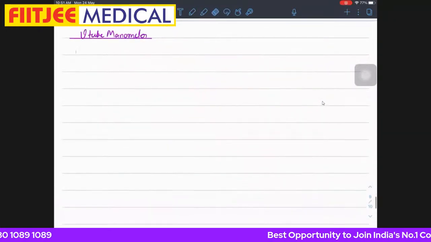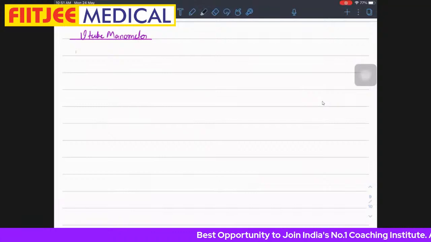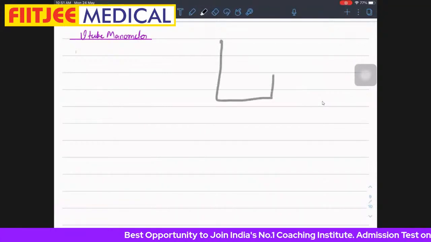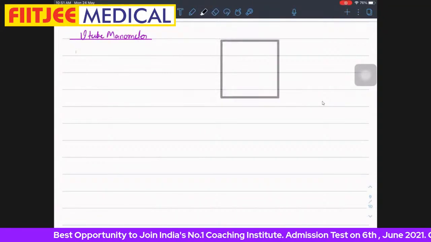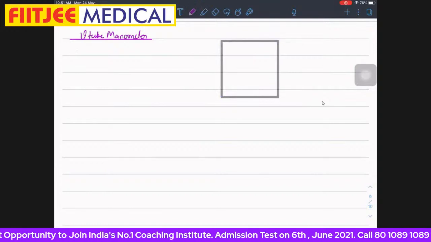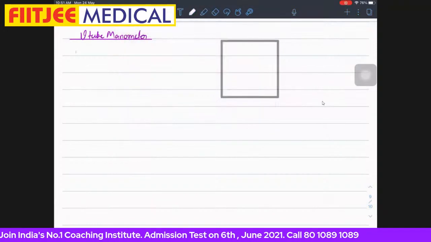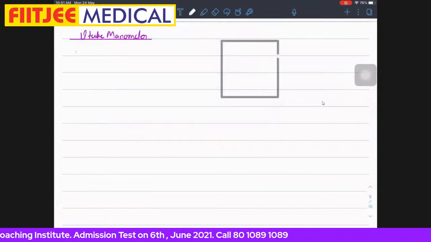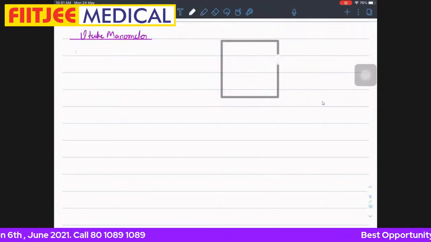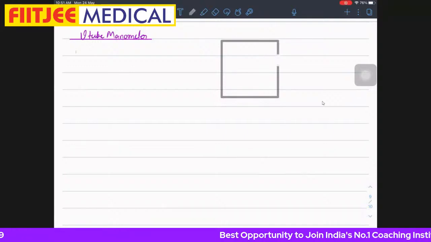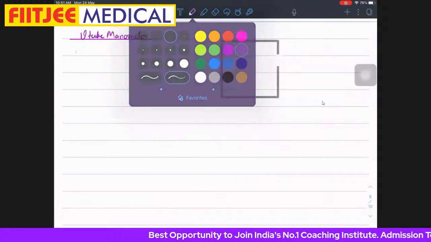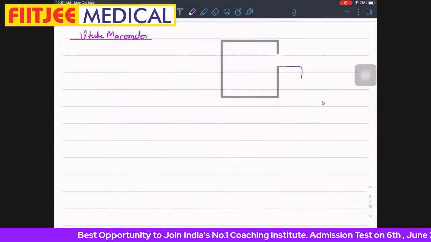So what is a U tube manometer? In a U tube manometer, we can measure the pressure of any closed system. One end will be open and one end will be connected to the system. So here, the situation will be in this manner.